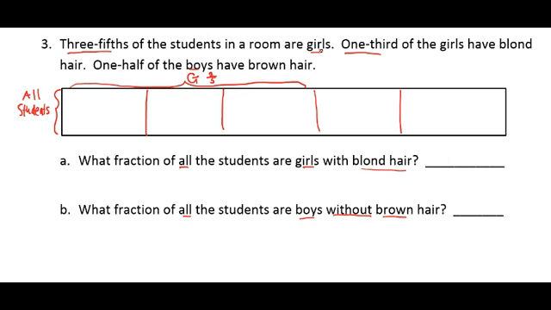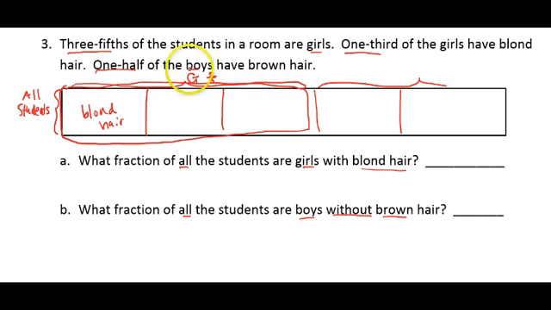Now, 1/3 of those girls have blonde hair. So out of the 3 pieces that are girls, 1/3 would have blonde hair. So 1 out of these 3 pieces. So there's your 1/3 of the girls have blonde hair. Then it says 1/2 of the boys have brown hair.